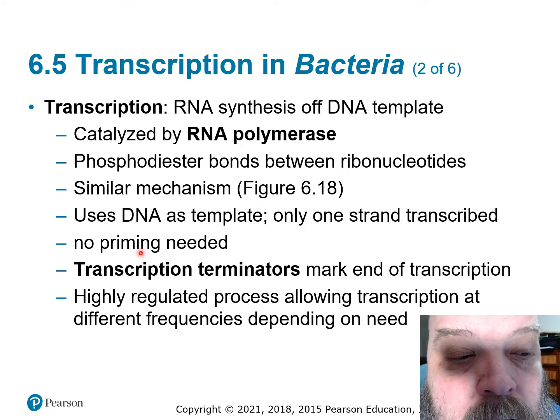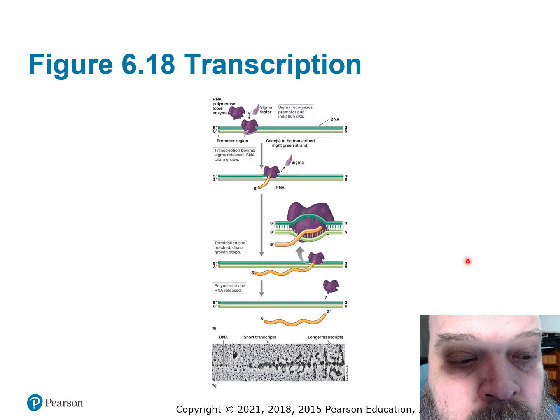There are certain sequences that are going to be transcription terminators. When it hits this string of nucleotides, the RNA polymerase will become unstable in its interaction with the DNA template, and literally it'll just fall off. So it hits the termination sequence.